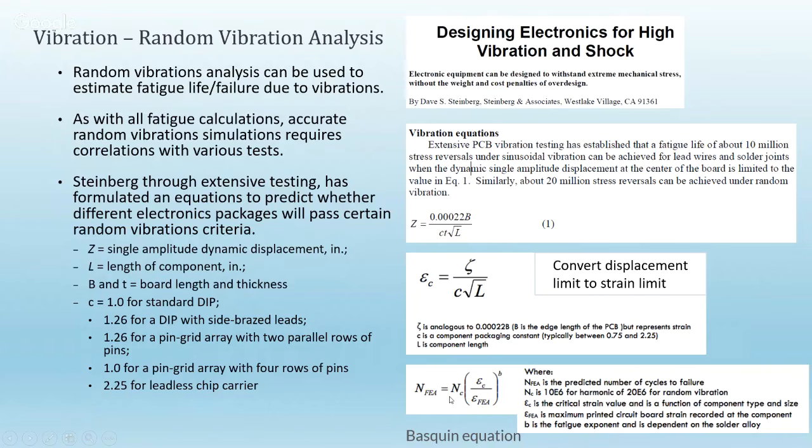And what DfR Sherlock does is that instead of doing this conversion, we calculate the strain directly. And based on these coefficients, we can then calculate the number of cycles to failure. So for random vibrations analysis, DfR Solutions uses the Steinberg data, and I think there are small modifications to it to calculate the number of cycles to failure.